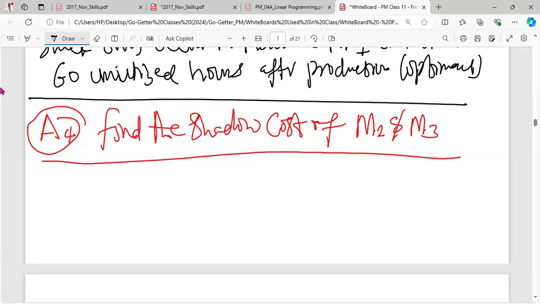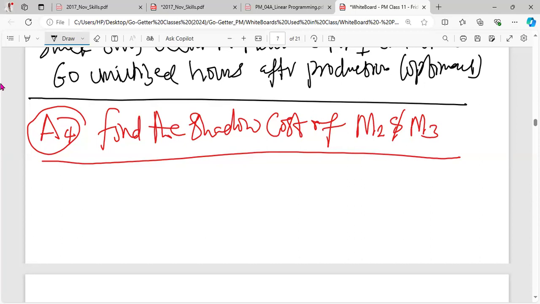If you can increase the second machine, keeping the first one constant, by just 1 hour, is it possible that you can achieve a higher contribution?